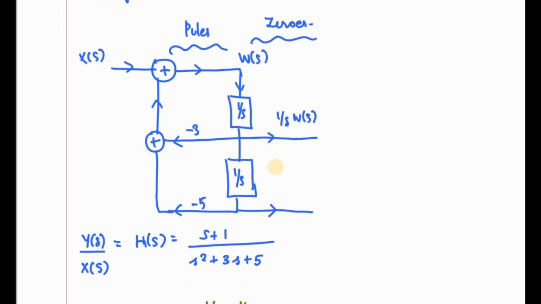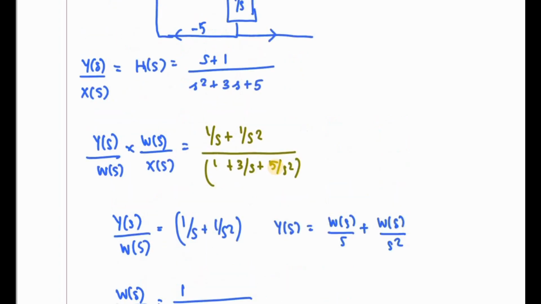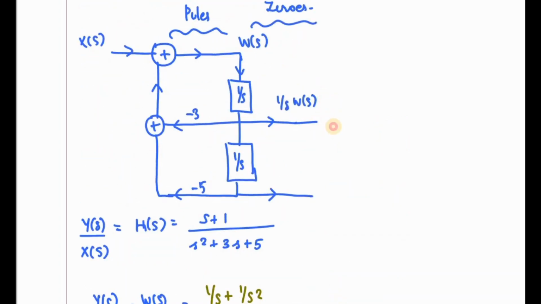So this is nothing but 1 by s square. So you have to add these two things in order to get the value of your y of s. So there is a change.